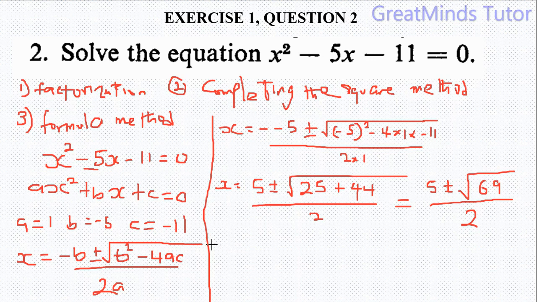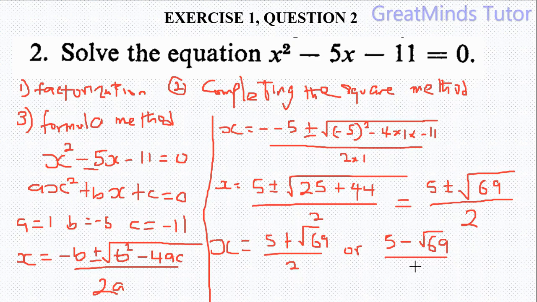So that means our answer x will be equal to, we are going to split this, 5 plus root 69 over 2, or 5 minus root 69 over 2.